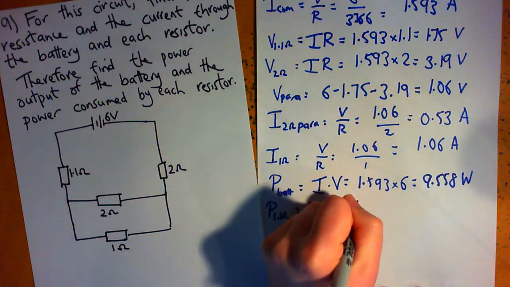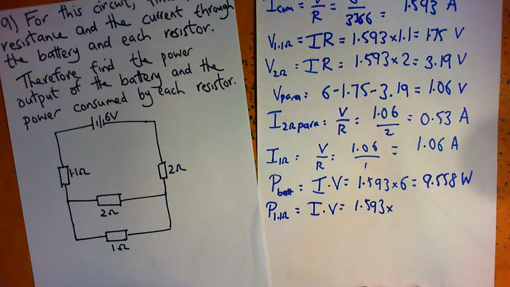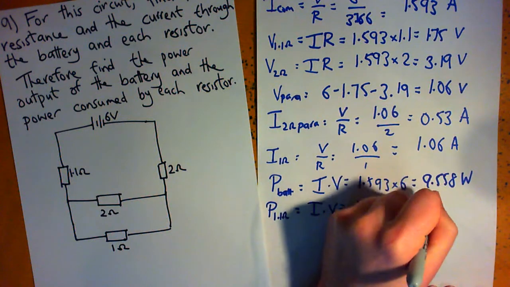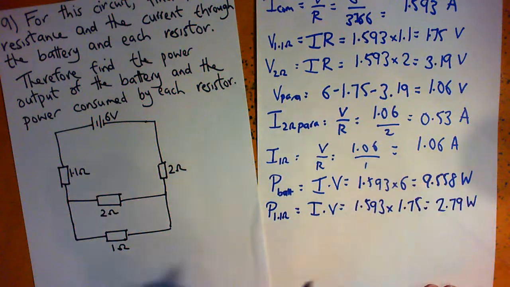Let's work out the power of the 1.1 ohm resistor, which is I times V. The current there is 1.593 multiplied by the voltage across it, which we worked out before to be 1.75, and if we calculate that we get 2.79 watts.